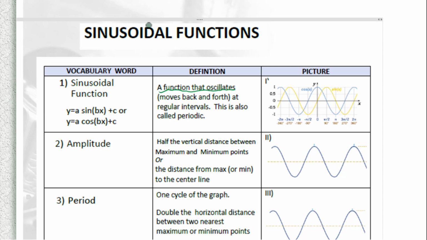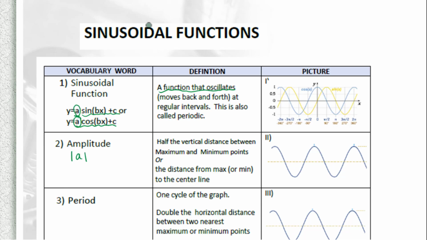In IBSL level, we only deal with y equals a sin bx plus c or y equals a cosine bx plus c. From this graph, you could see the function is repeated periodically.